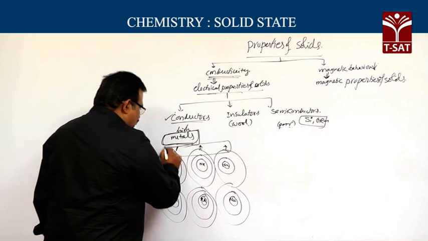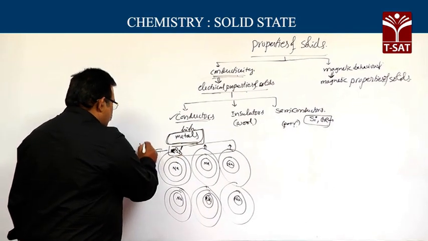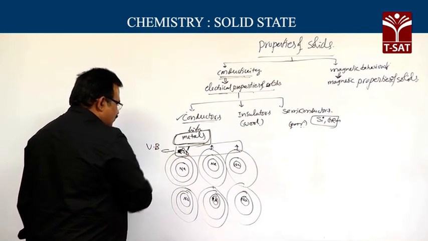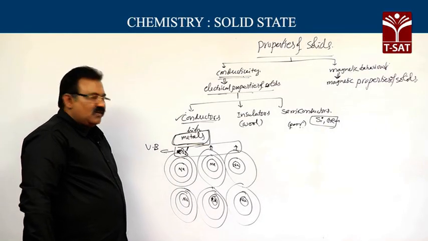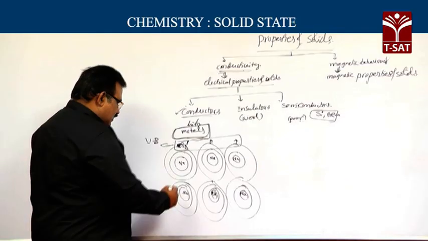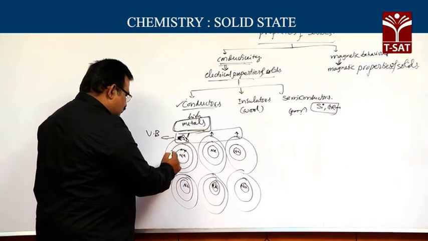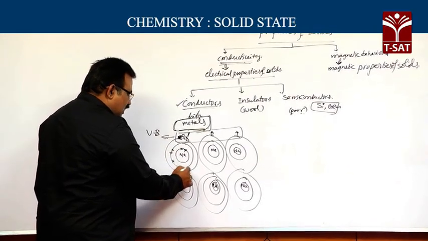These are called electrons present in the valency shell. The electrons present in the valency shell are said to be in the valency band. And inside, there are so many electrons in the atom.